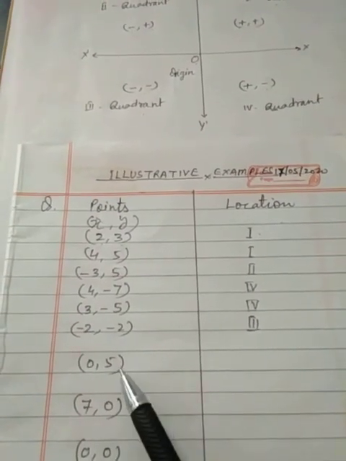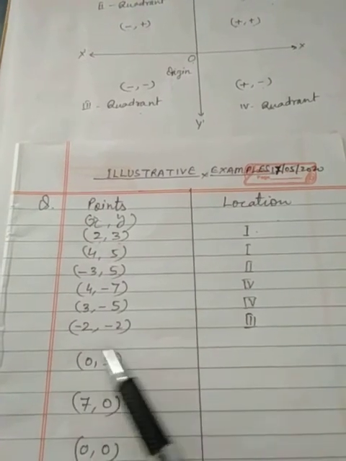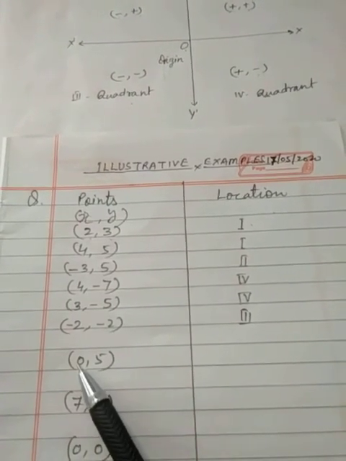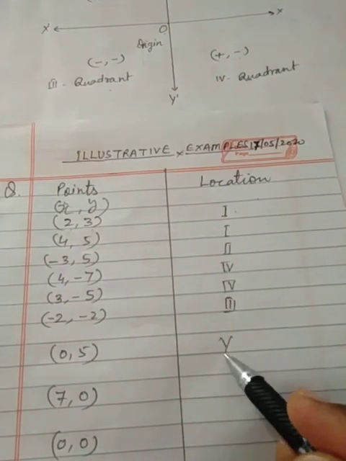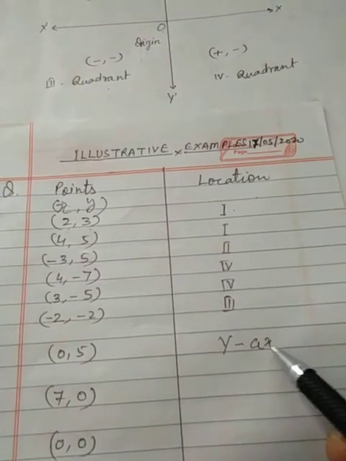Now next point is 0 comma 5. In such points abscissa is coming 0, and as a note I told, on the y-axis x is 0, so this point will lie where? On the y-axis. Remember this point, this is very important.